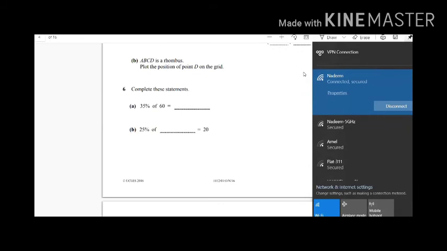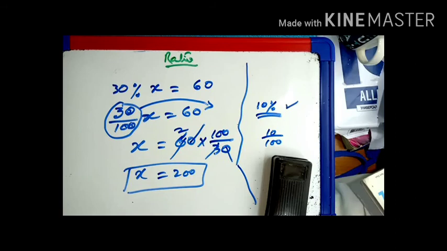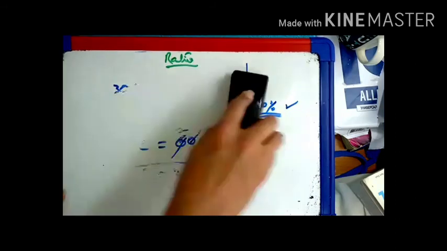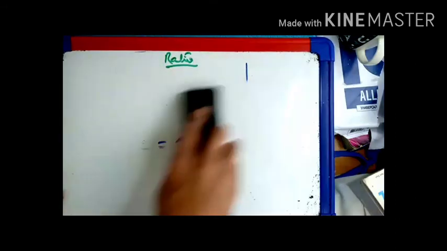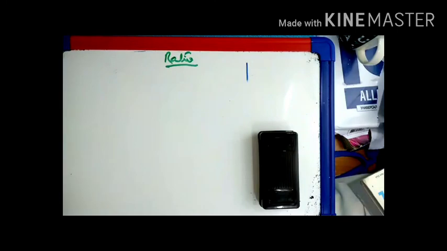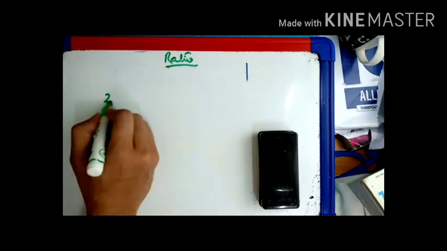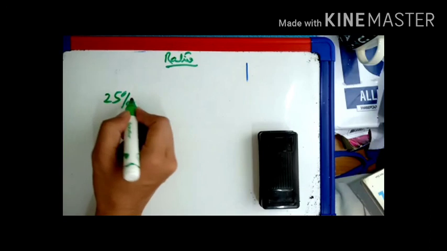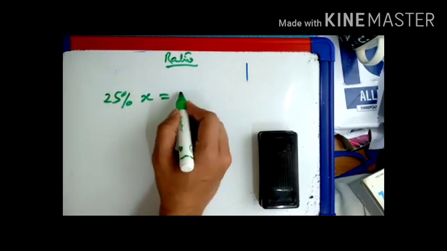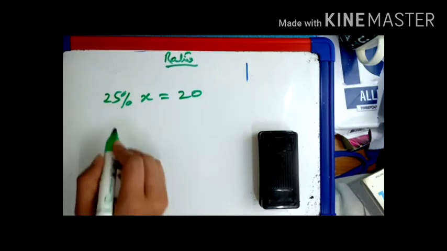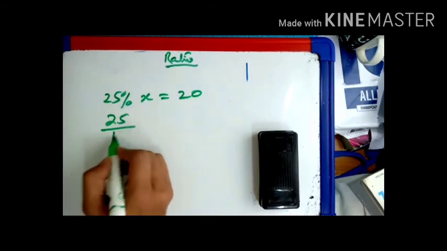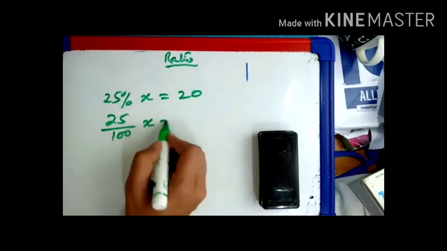Okay, now if I solve this question for you, then you will do one more question for me. Tell me this question now. 25% of something equal to 20. So the first step is 25 over 100 equal to 20.